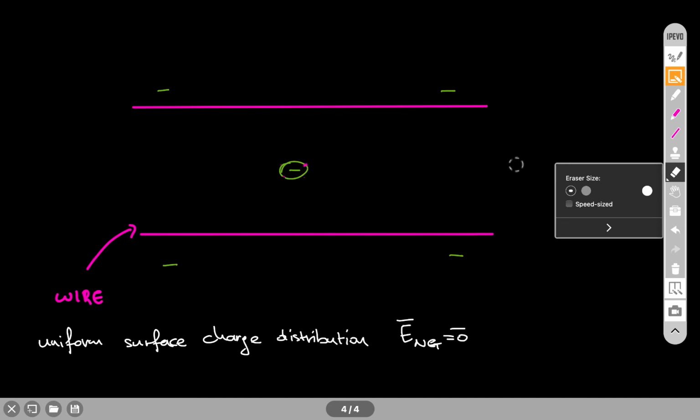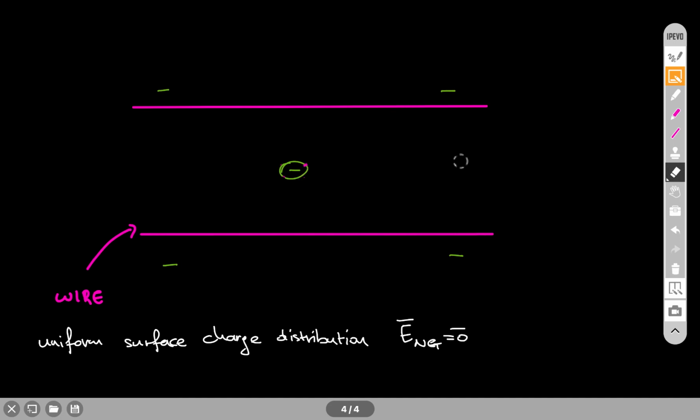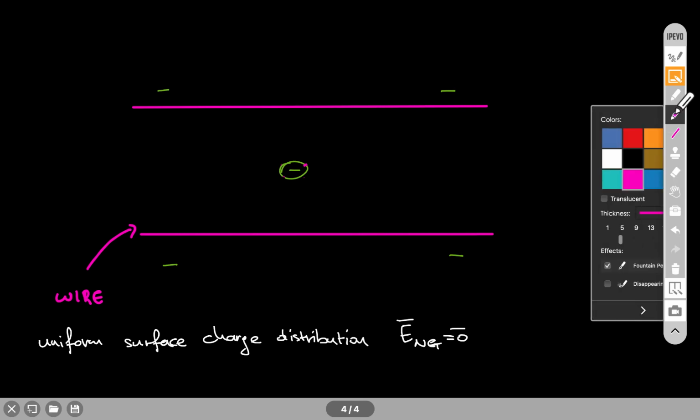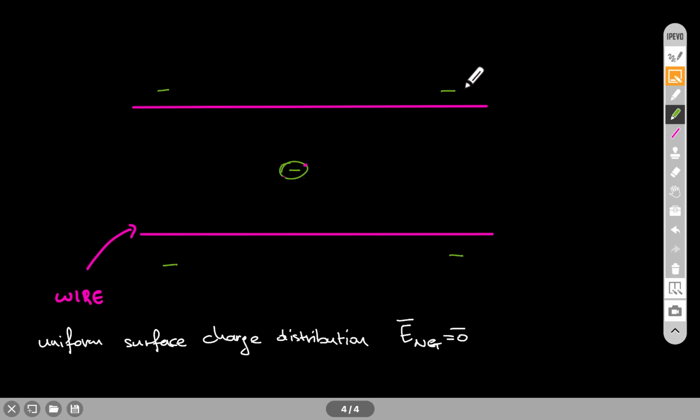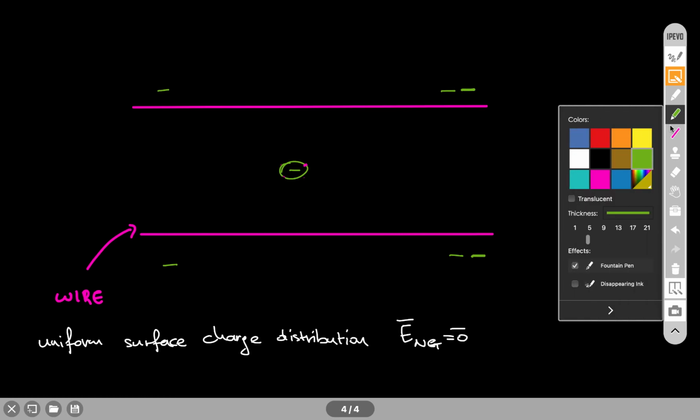Now, if I have a net electric field of 0 inside, there is no force acting on the mobile electron. The mobile electron isn't going to go anywhere. So what I need is to change that. I'm going to put now 2 here and 2 there. And the electric fields that are created are the following.